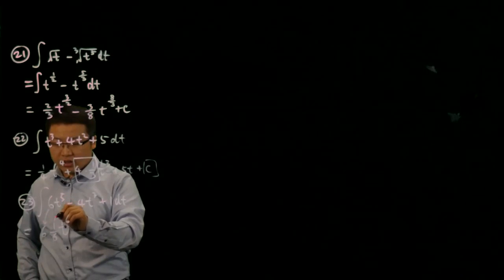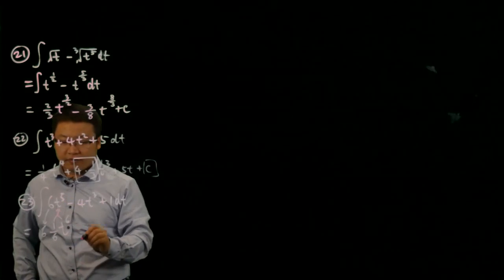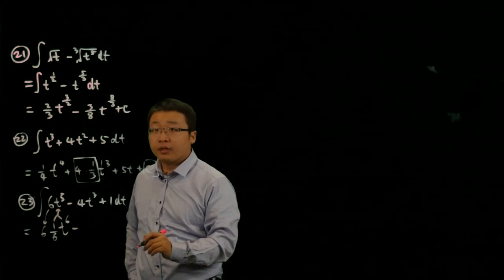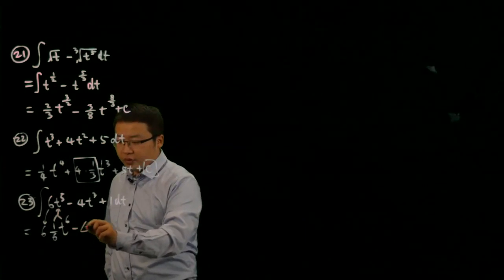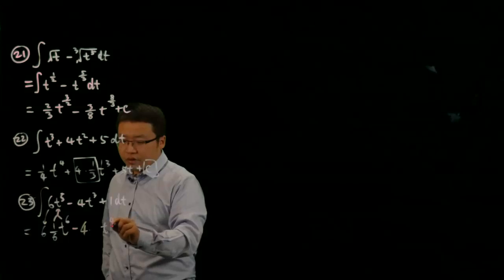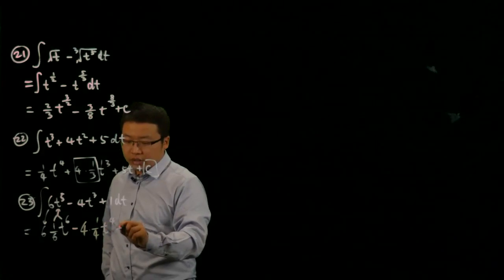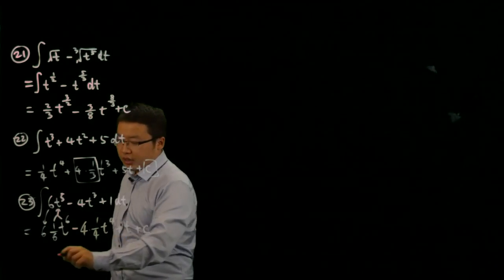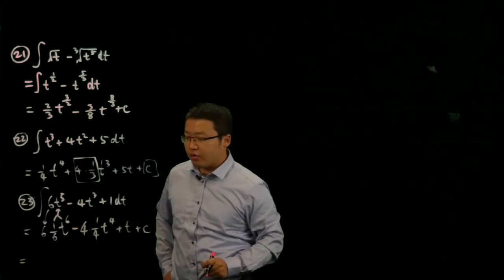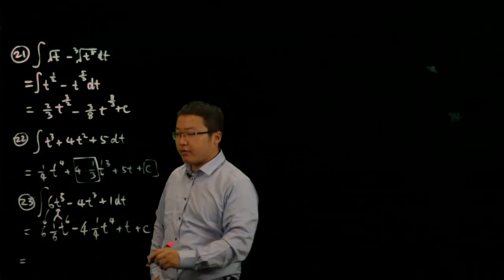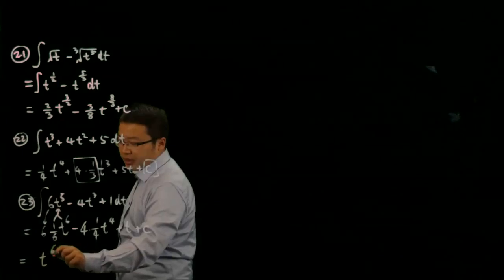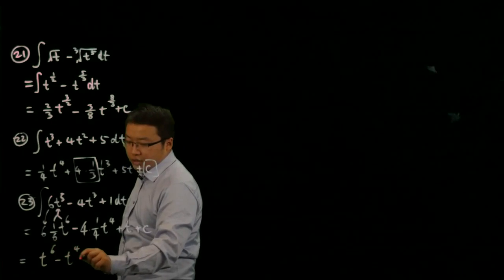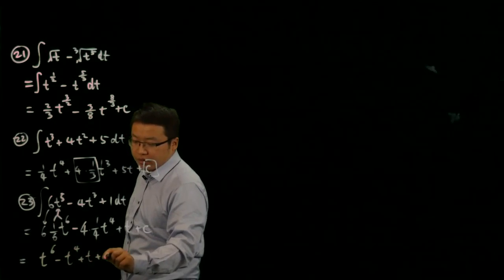You balance these two together, which gives you t to the 5, minus 4t to the 4 times 1 over 4, plus t, plus c. Then you can simplify your result. You get t to the 6 minus t to the 4 plus t plus c.